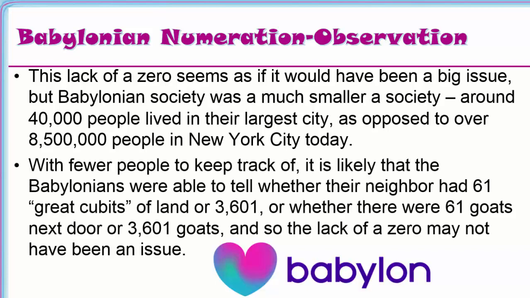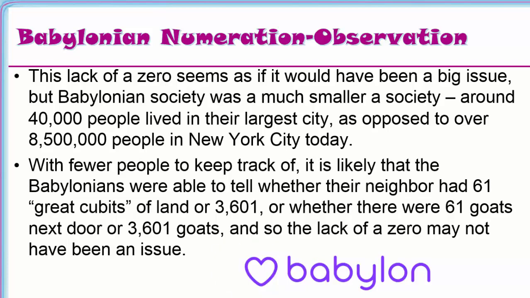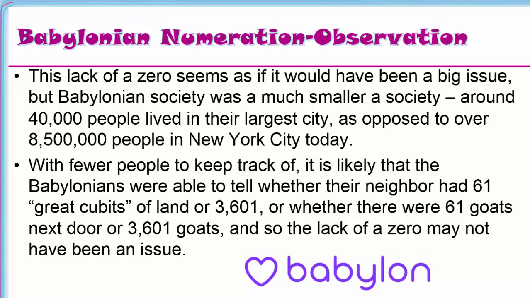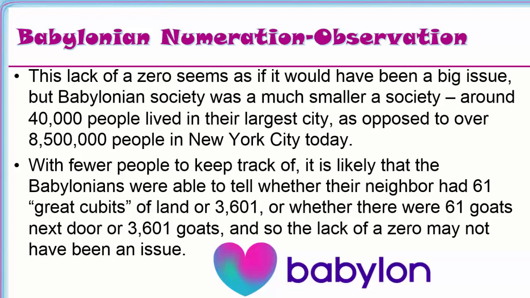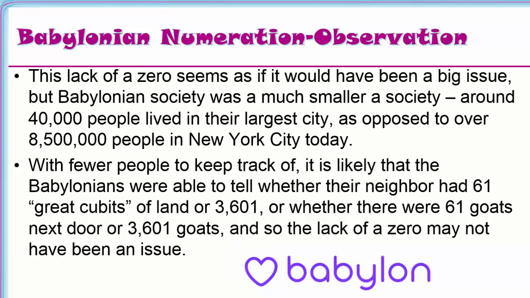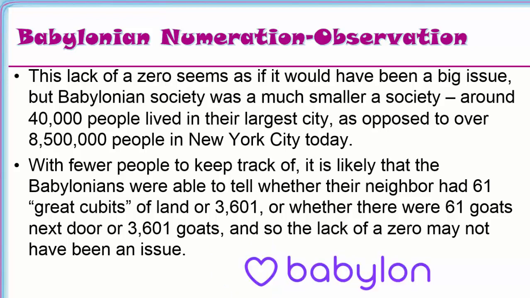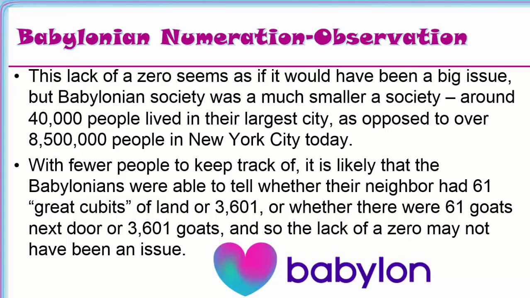With fewer people to keep track of, it is likely that Babylonians were able to tell whether their neighbor had 61 great cubits of land or 3,601, or whether there were 61 goats next door or 3,601 goats. And so this lack of a 0 may not have been an issue for them.